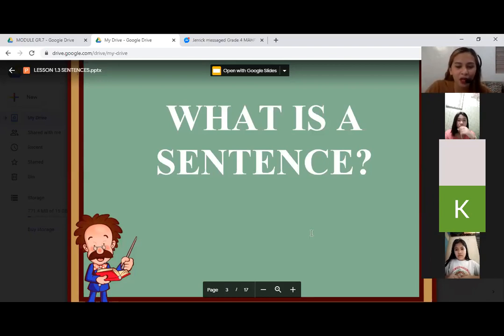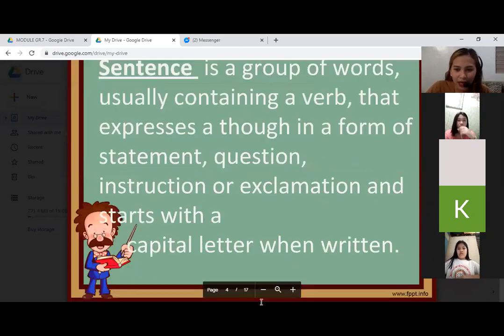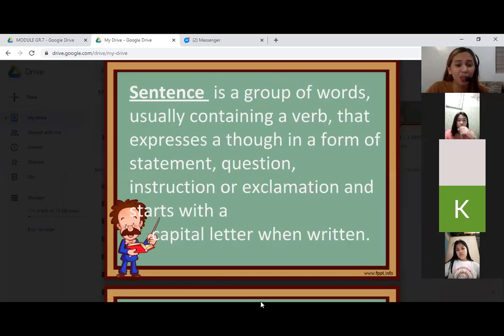Okay? So now, according to its definition, a sentence is a group of words usually containing a verb that expresses a thought, in a form of statement, question, instruction, or exclamation and starts with a capital letter when written. Ang haba ng definition. So, ito lang tatandaan nyo.